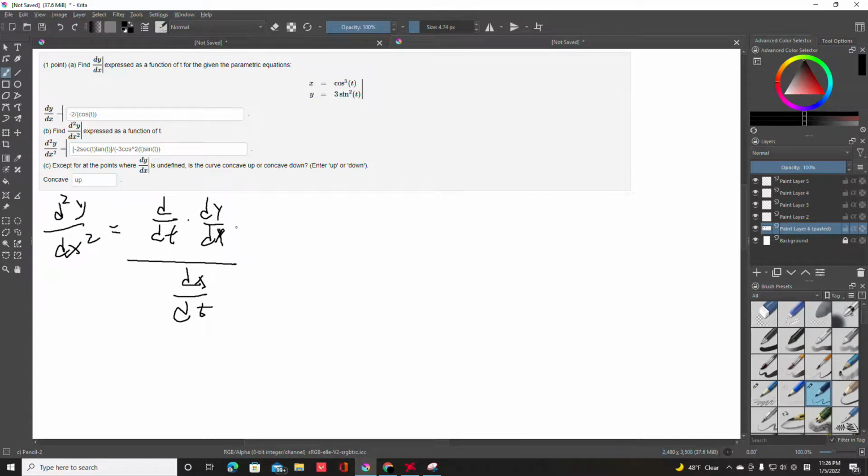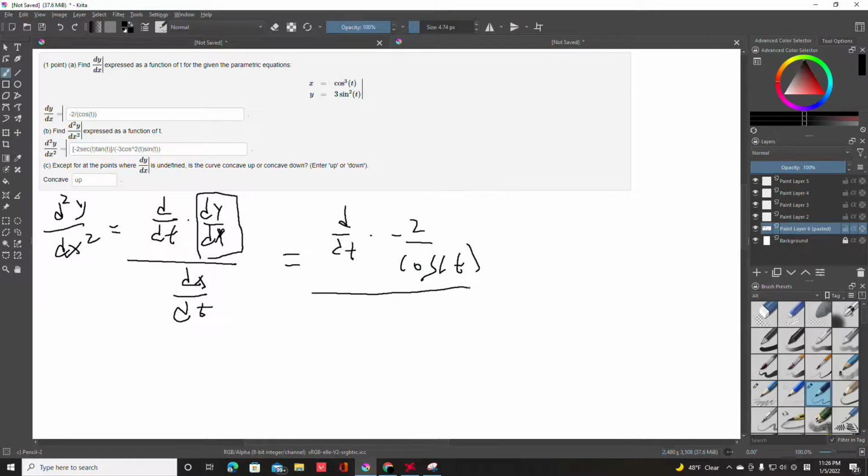This dy over dx, this part right here, is what we got in the last answer, negative 2 over cosine of t. So we're taking the derivative of negative 2 over cosine of t.